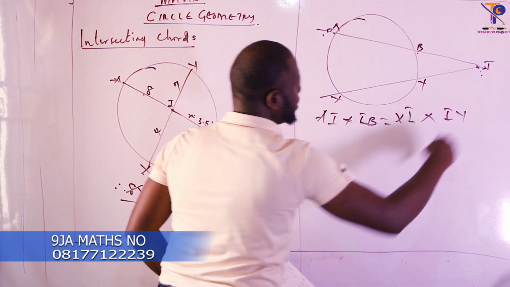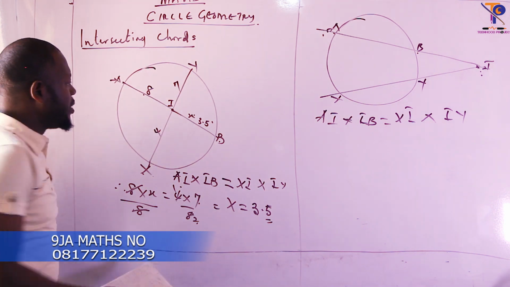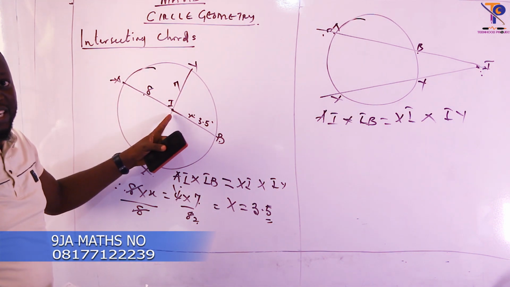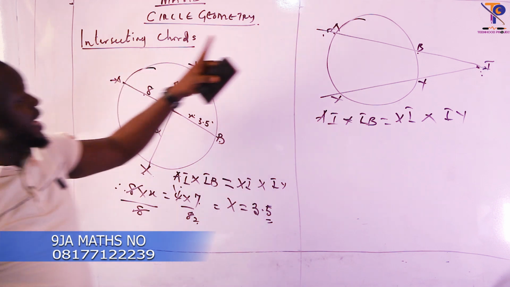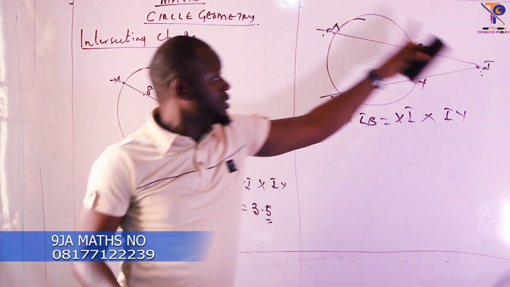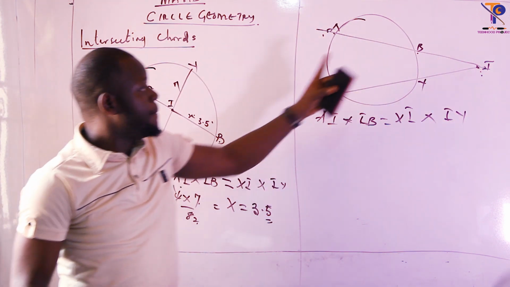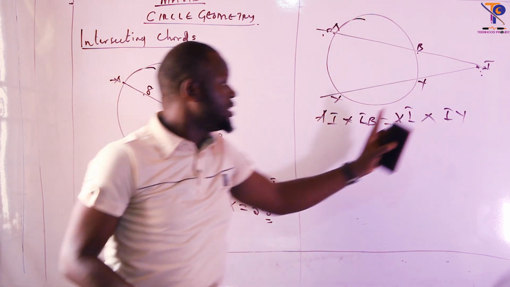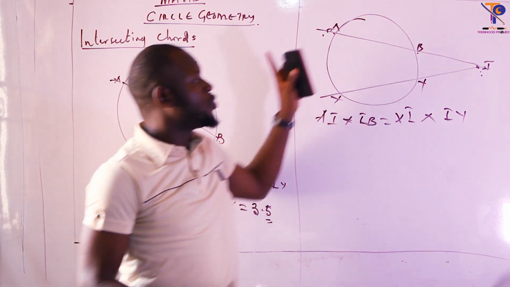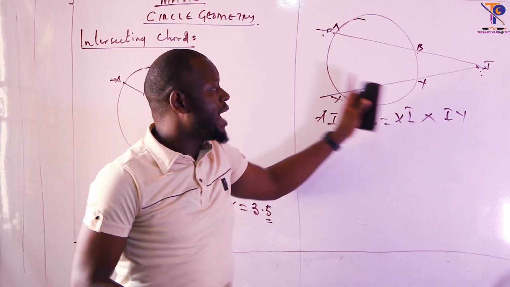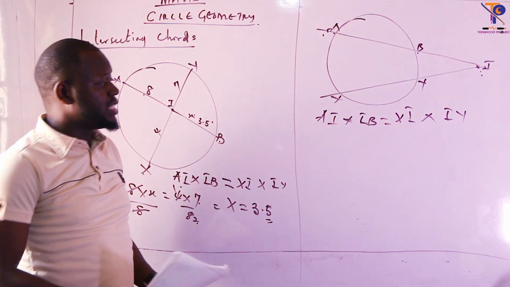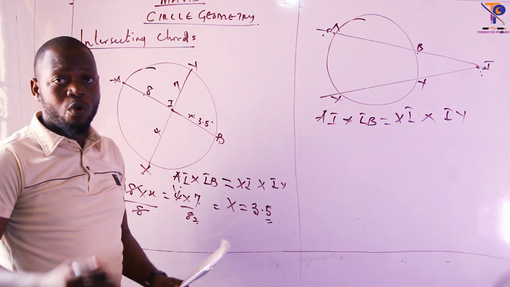Please note this. It is the same thing as this, but the difference here is the intersection is from inside. So A going to the intersection and B running to the intersection is the same thing as X going to the intersection and Y going to the intersection. Please, that is what connects them.